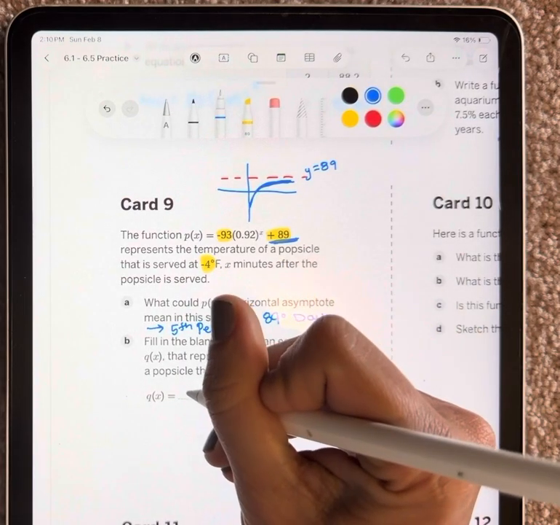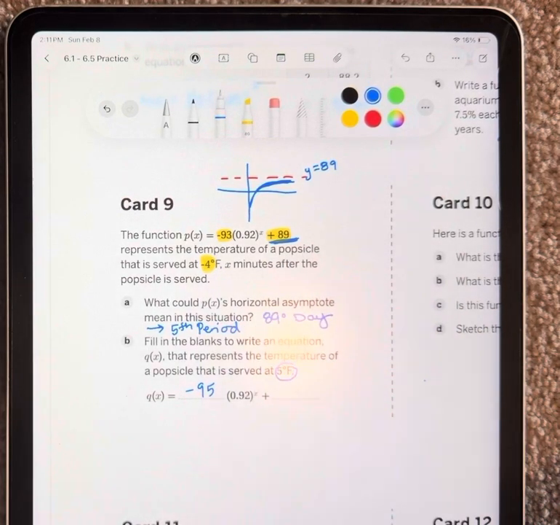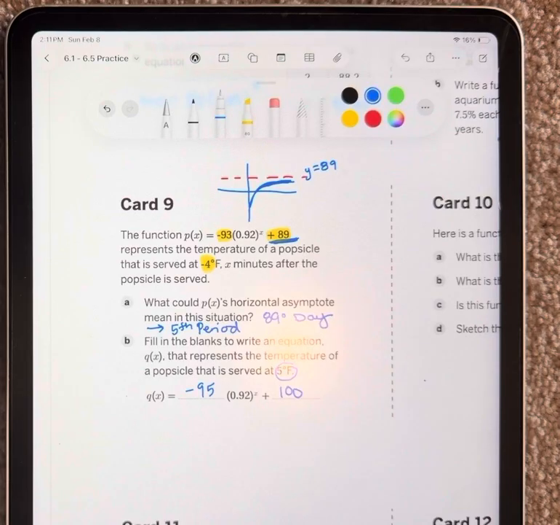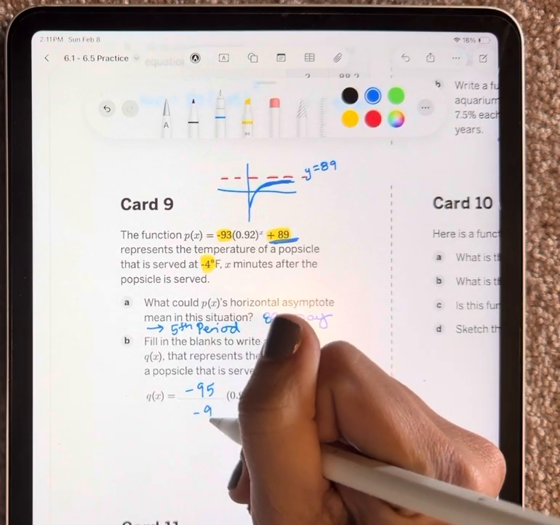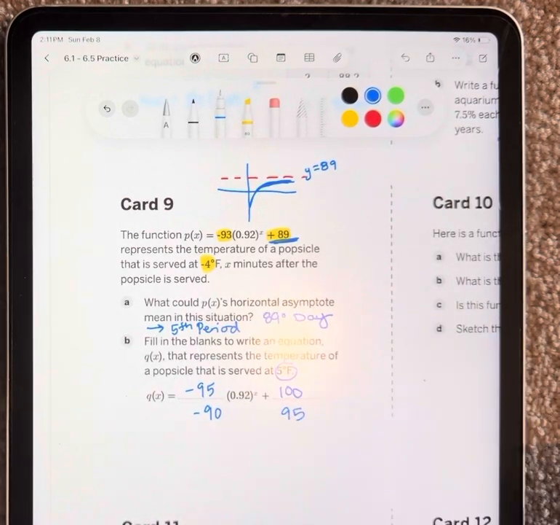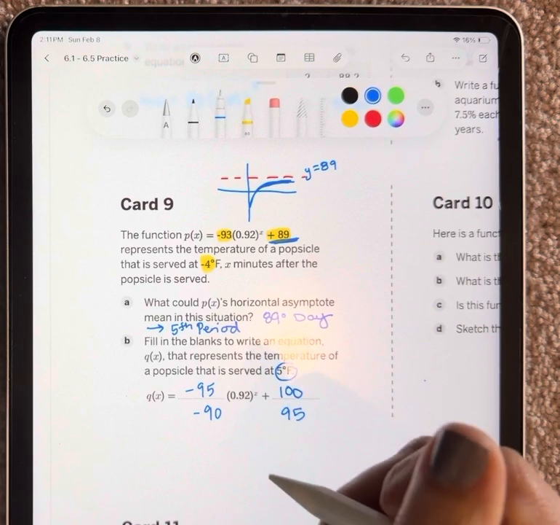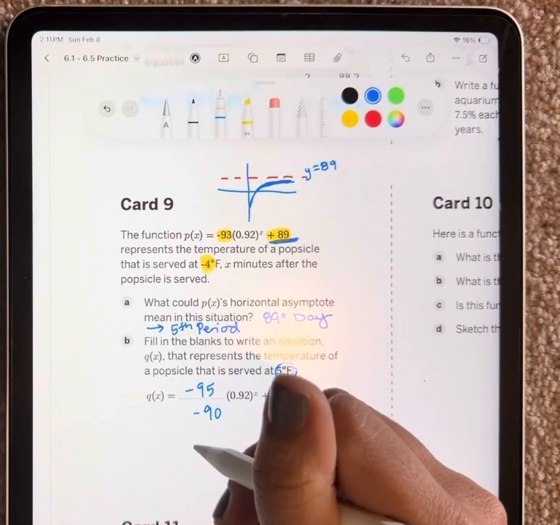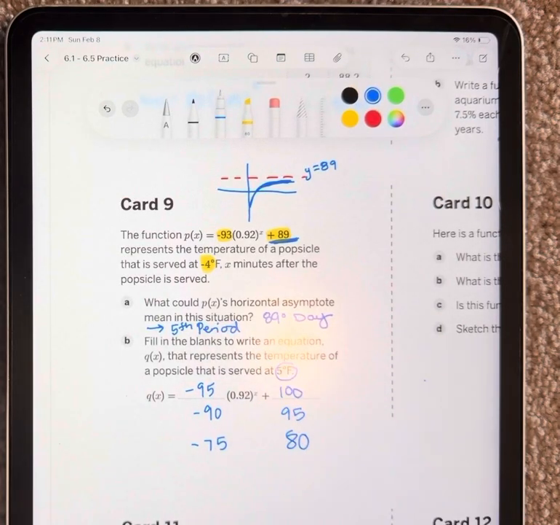So how about we do easy ones like -95 right there, and then 100 right there, because -95 plus 100 is 5, all right? But you could do whatever you want. Do you want to do -90 and 95? It's 95 degrees outside. Do you not want it to be 95 degrees? You want it to be 80 degrees outside? That's fine too. Then you need a -75 here. Okay, either way, just make it so you add these two and you get that number.